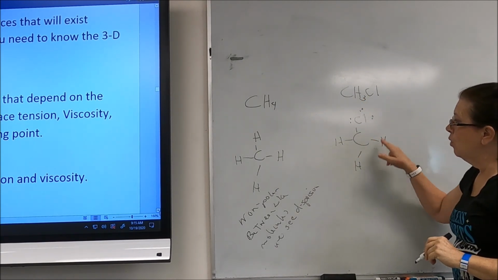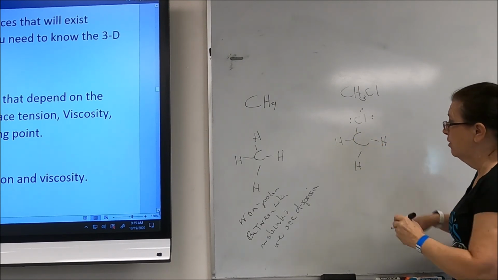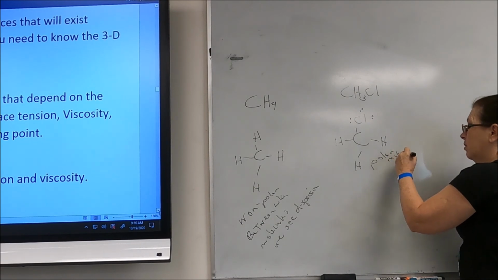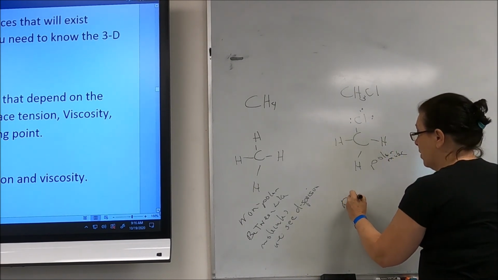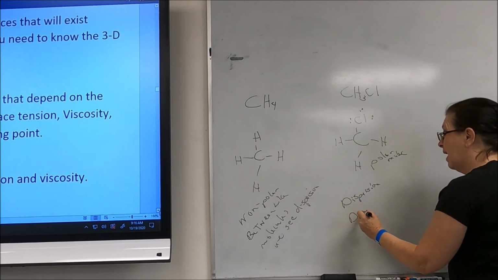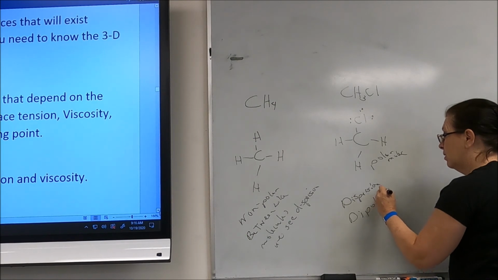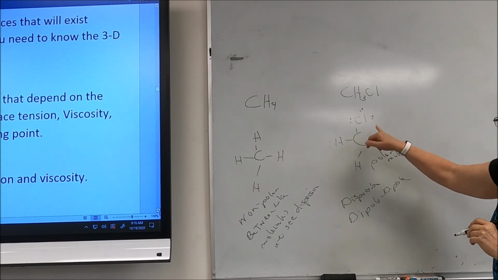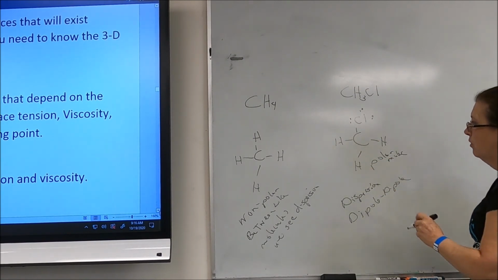If I were to change that out and go CH3Cl, when I look at this, one group is different from the others. This is a polar molecule. So it's got a dispersion, because everything's got a dispersion, but because it's polar, I now have a dipole interaction between two of these molecules.